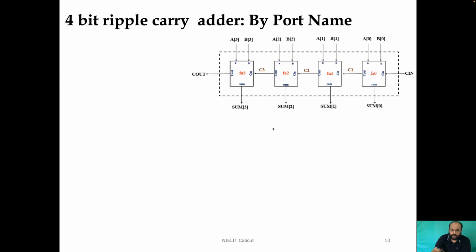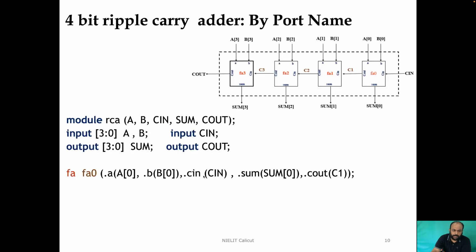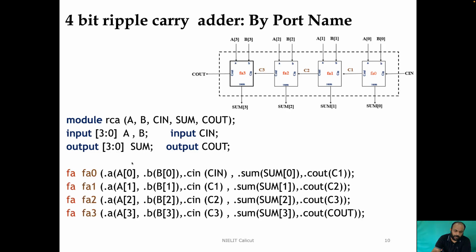Otherwise, while you are calling the 1-bit full adder, the compiler will give you an error, object not found. So what is the precondition? Whenever you are instantiating a subblock in a top level block, the subblock must already be available in the library in the pre-compiled form.